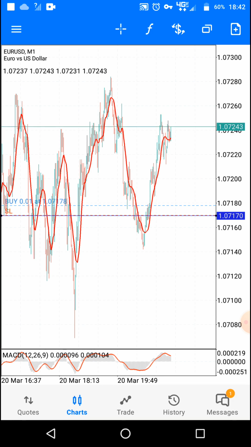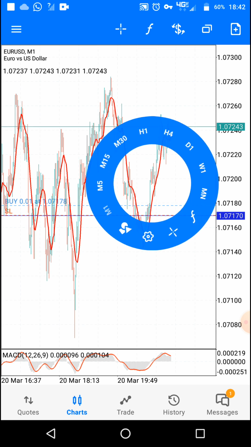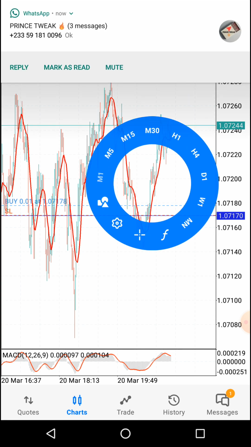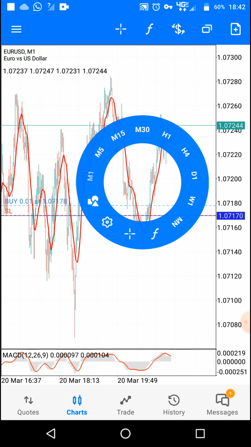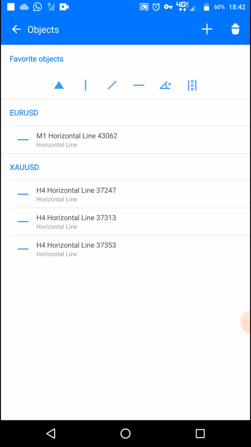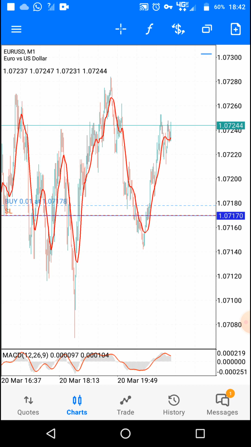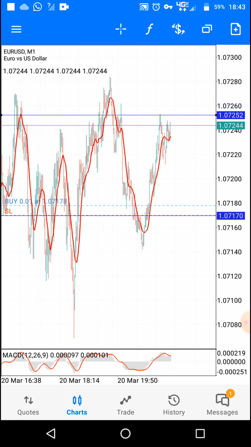You just have to do the same thing. You click on the screen, you click on shapes, then you take a horizontal line and draw your line.